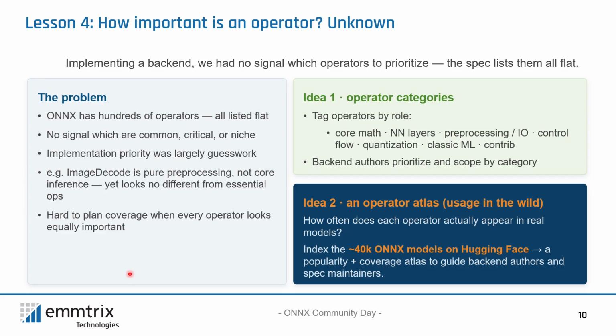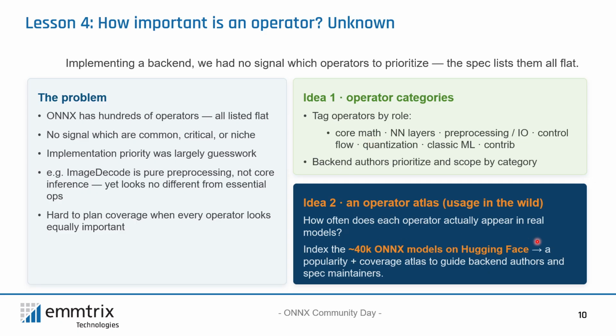And to address it, we have two ideas. One is that ONNX could define an operator category. So it's core math, neural network layers, pre-processing, and so on. And then backend authors can prioritize the specific category they want to support. The second idea is more experimental, so that we could make an operator atlas.